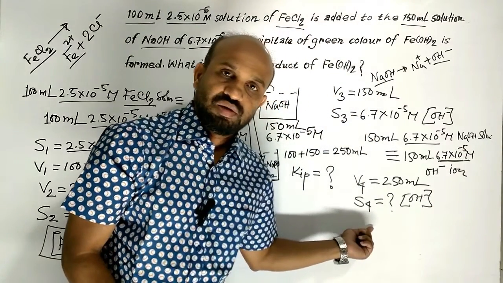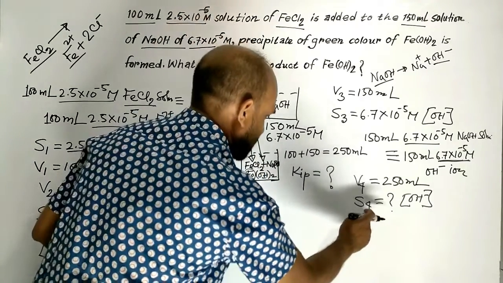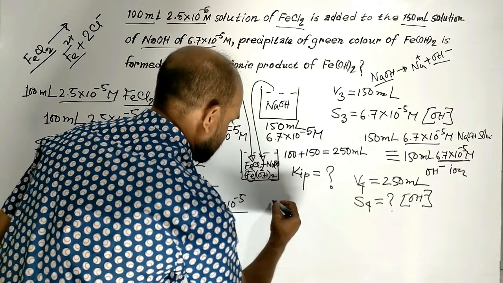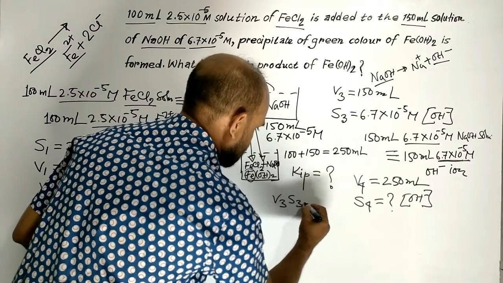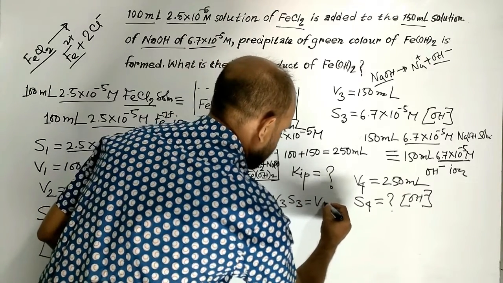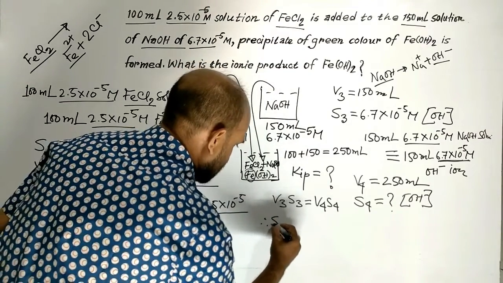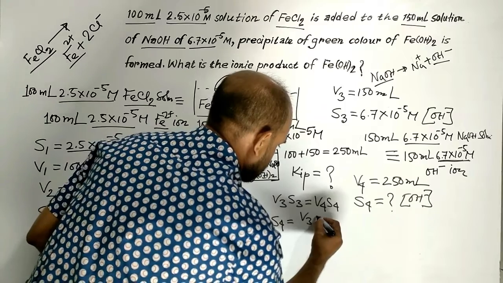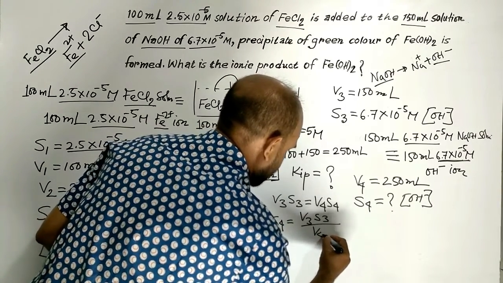According to law of dilution, V3S3 is equal to V4S4. Then S4 is equal to V3S3 divided by V4.